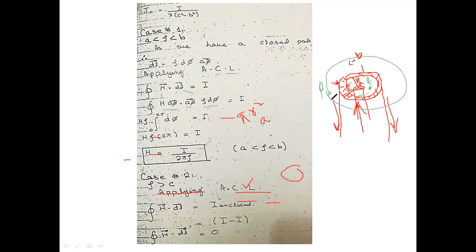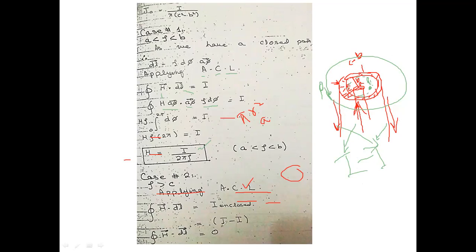The current enclosed in that closed path is equal to 0, because the current enclosed in that region is I minus I: the current flowing in the upward direction and the current flowing in the downward direction. Both have the same magnitude and different directions, so I minus I is the total current enclosed by that surface.